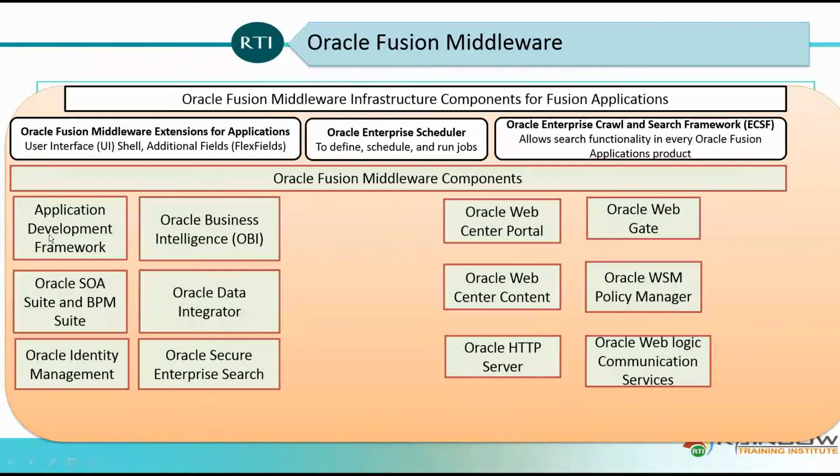If you want to create any page in the Fusion applications, you have to do it using ADF. ADF has the MVC architecture, which I'll cover in detail. It will take around 3 to 4 classes to cover ADF entirely, where we can create pages using a specified framework and deploy them in the Fusion applications.